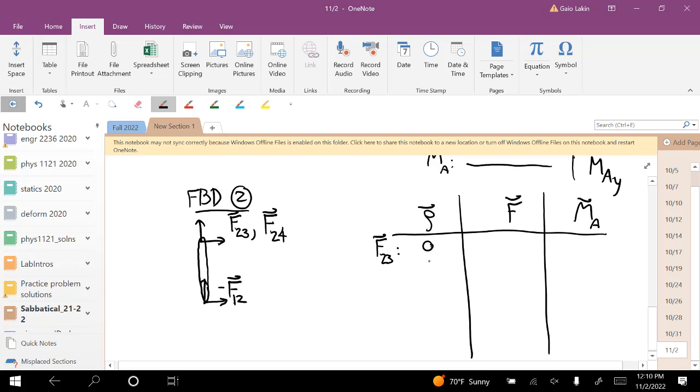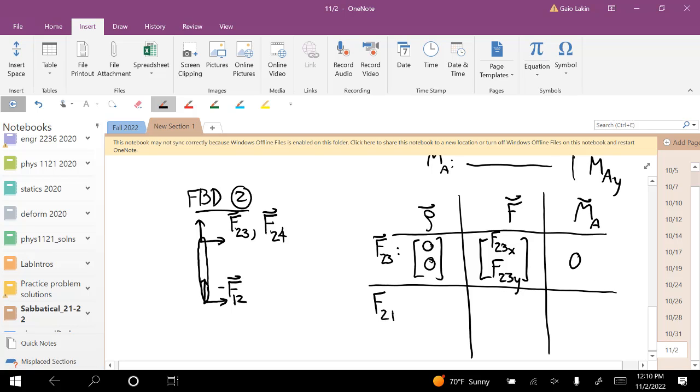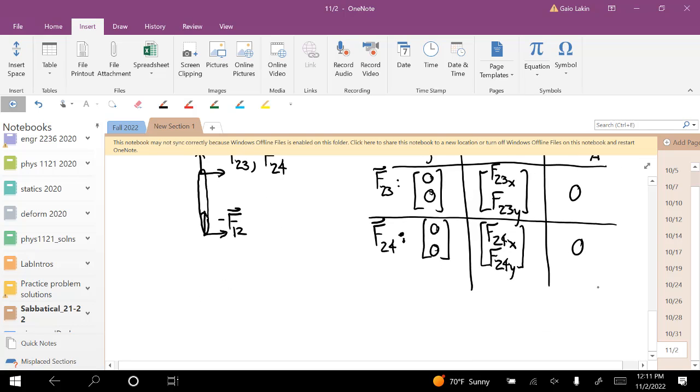So F2,3, 0 row vector, F2,3x, F2,3y, 0 moment. F2,4, 0 row vector, F2,4x, F2,4y, 0 cross. And then the height of that is something funky, right, that you have to get from the geometry.